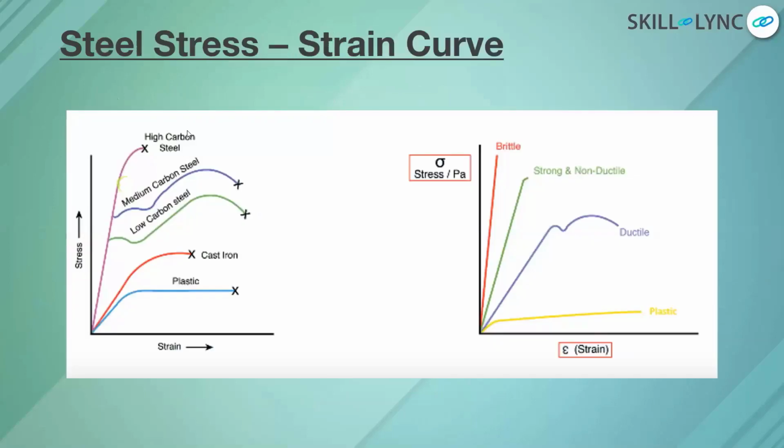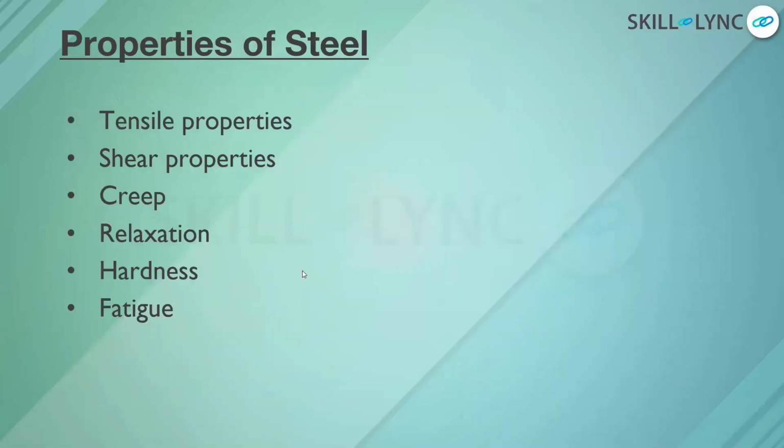These are the stress strain curves for different types of steels, and the color indicates the maximum tensile strength that it can withstand. Now let's see the properties of steel. These are the main properties that help us use structural steel as an important construction material in the industry.